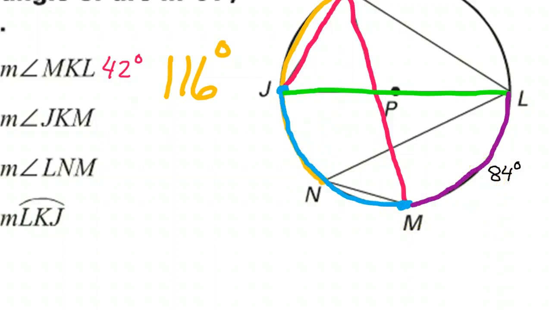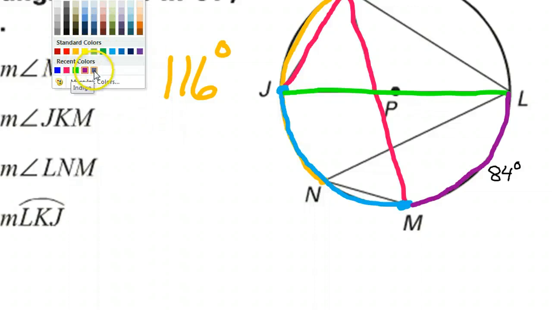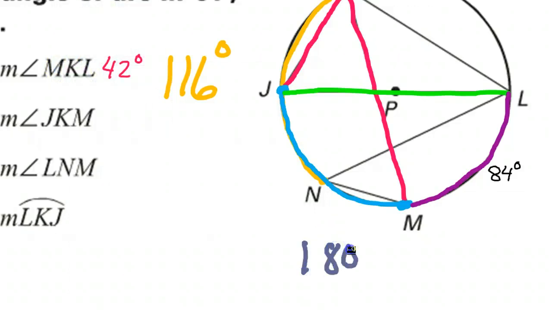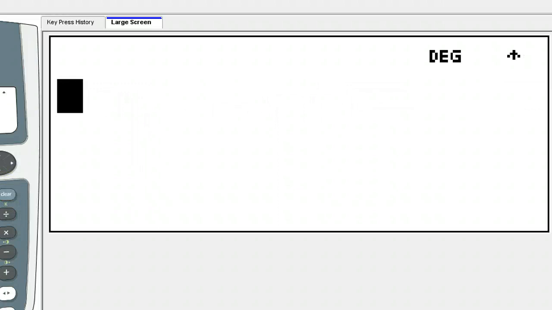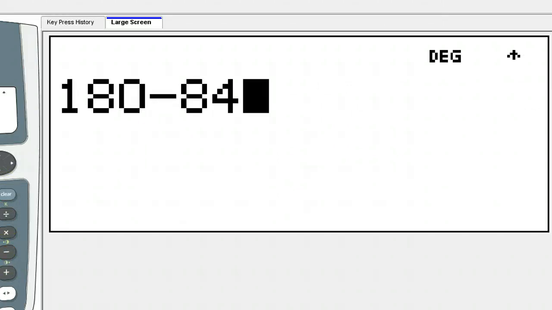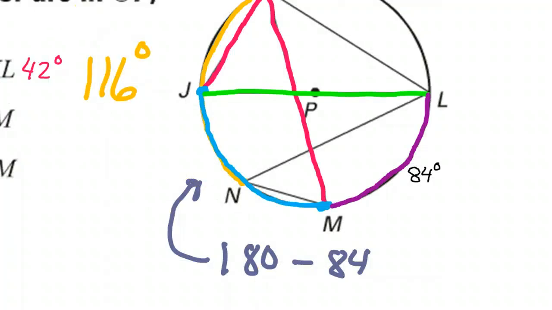I feel a 96 coming on. 180 is the semicircle, minus 84 gives us the blue part: 96 degrees. So the blue arc here is 96 degrees.